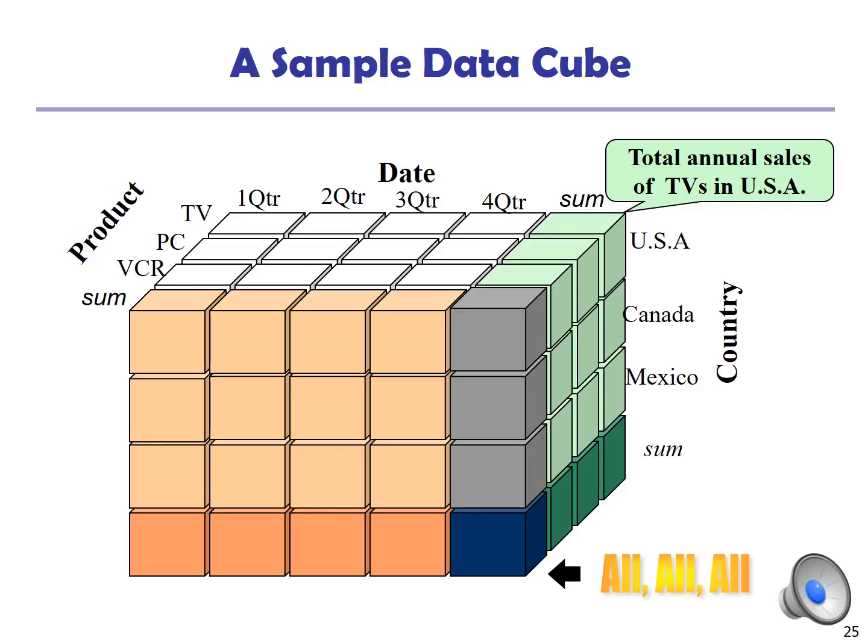So the blue box, which is in the rightmost, which is shown as all, gives you the total annual sales of all products over all quarters, over all regions, or over all countries, okay? So basically the blue cube is a sum total over all three dimensions, all right? So in your cuboid, the all part of it is represented by that blue cube.